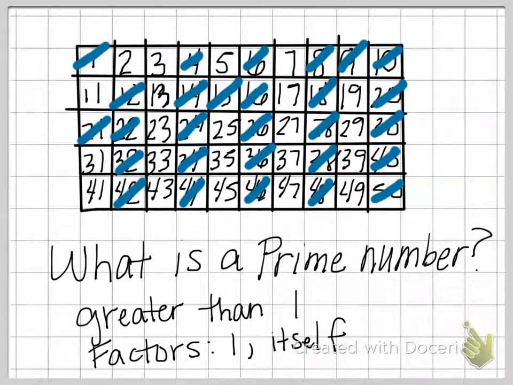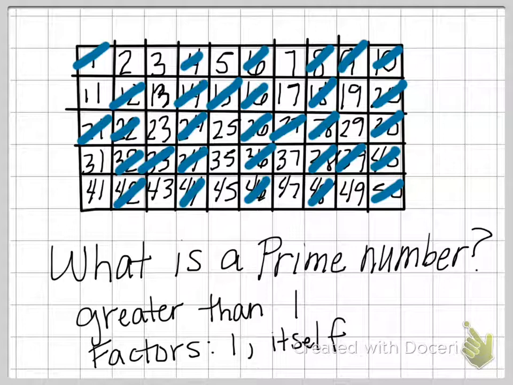3 times 7 is 21, so cross that one off. 3 times 8 is 24, it's already crossed off. 3 times 9 is 27, so we're going to cross that one off. 3 times 10 is 30, it's already there. 3 times 11 is 33. 3 times 12 is 36, already crossed off. 3 times 13 is 39. 3 times 14 should be 42.